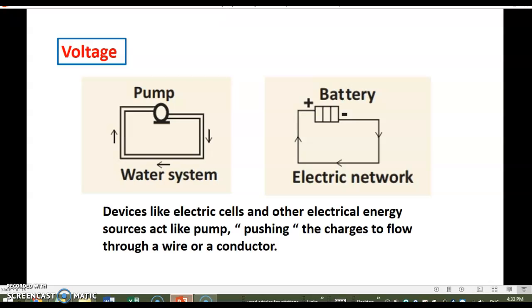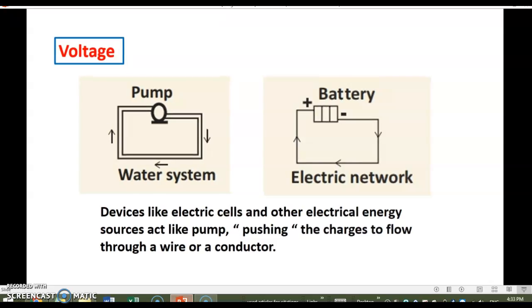So it exerts a force on the water, causing it to flow. Similarly, the battery having energy exerts a certain force on the electric charges to flow through the circuit. So devices like electric cells and other electrical energy sources act like a pump, pushing the charges to flow through a wire or a conductor.